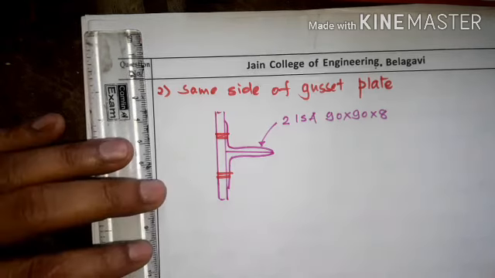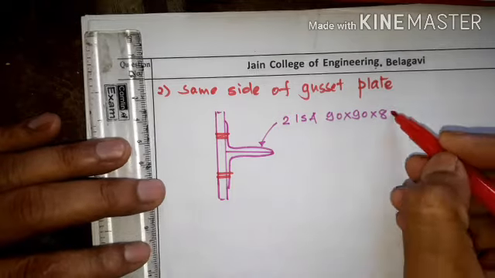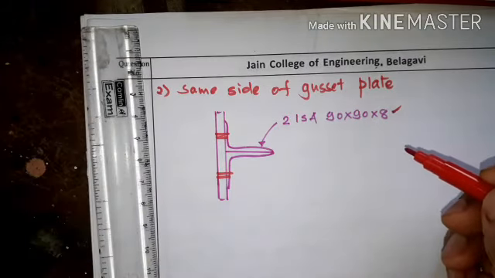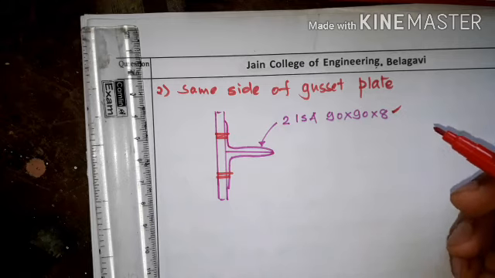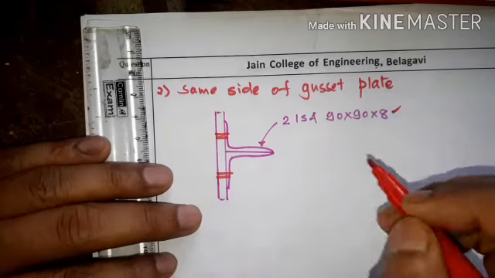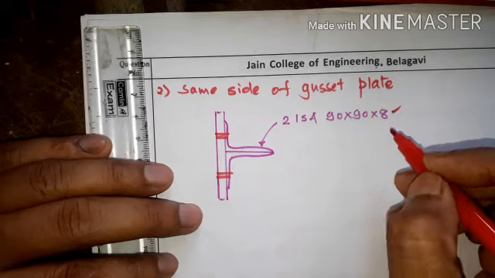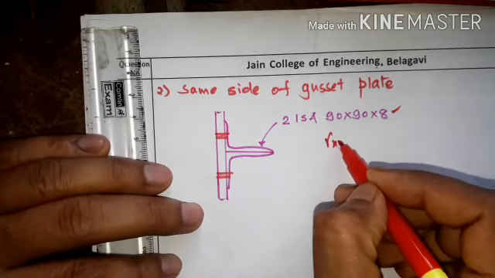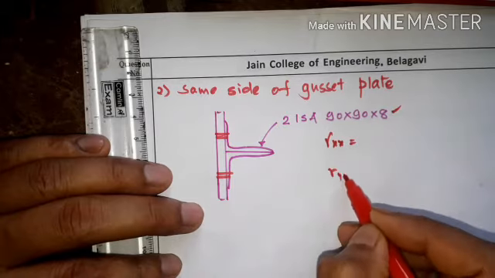So here we have assumed the same angle, that is 2 ISA 90 by 90 by 8. Understood? So again from the steel table, for a single angle, you will get RXX and RYY.